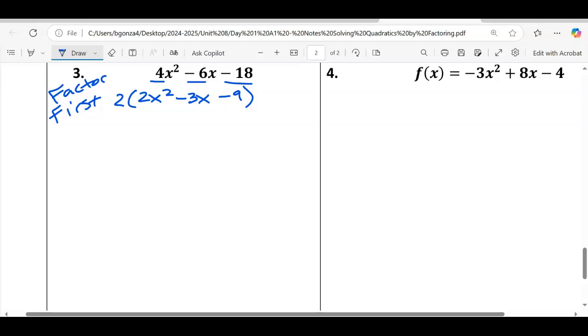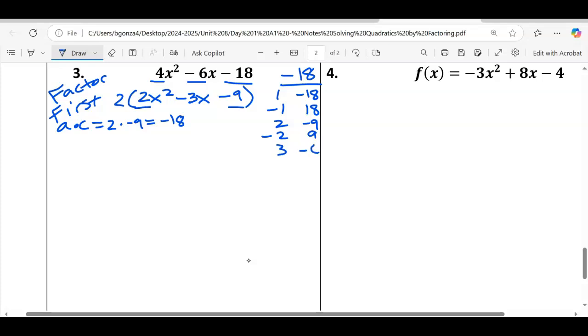Then, what are we going to do? Just like before, a times c is 2 times negative 9, which is negative 18. What are the factors of negative 18? 1 times negative 18, negative 1 times 18, 2 times negative 9, negative 2 times 9. We can try 3. 3 times negative 6, negative 3 times 6. 4 doesn't work, 5 doesn't work.